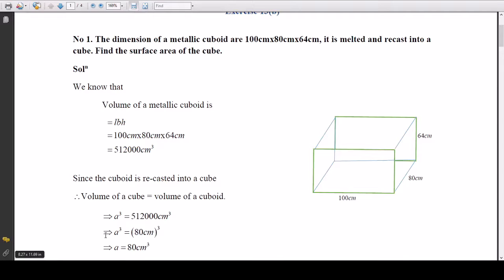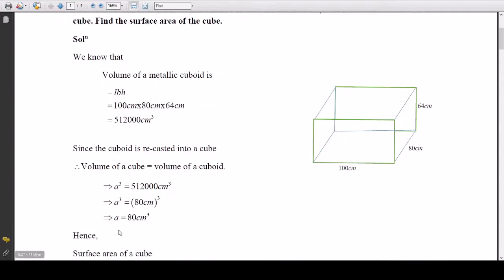Then if you find the factors of 512,000, you'll find that it is a cube of 80 centimeter. So a cube is 80 centimeter cube. Cancelling the cube from here, you will get a equal to 80 centimeter, not cm cube, just 80 centimeter.